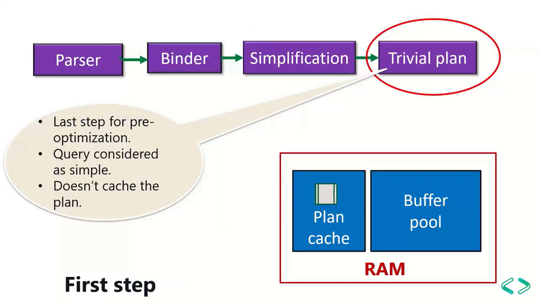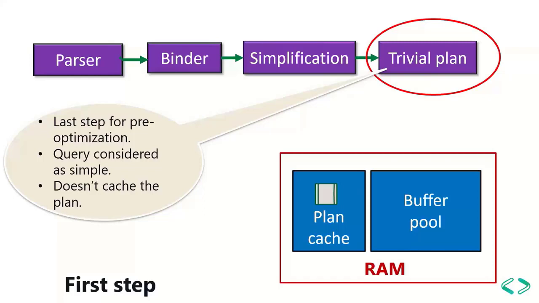Now, what happens at this trivial plan component, right? If you are sending a very simple query like select star from a table, or a select star from a table with a simple where clause, those queries are identified by SQL Server as very simple. And what it thinks is like this: this is such an easy query, why should I even update the parse tree inside the plan cache that the other components have built until now?